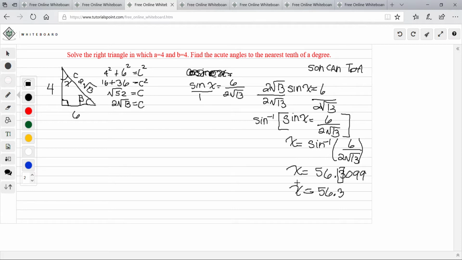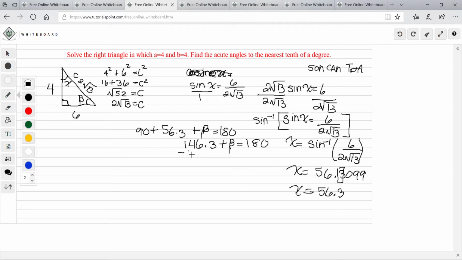Okay, so we found alpha. How do we find beta? Remember how I said that the angles of a triangle add up to 180? So we know this is 90. Alpha is 56.3 plus beta equals 180. So when you do 90 plus 56.3, you're left with 146.3 plus beta equals 180.